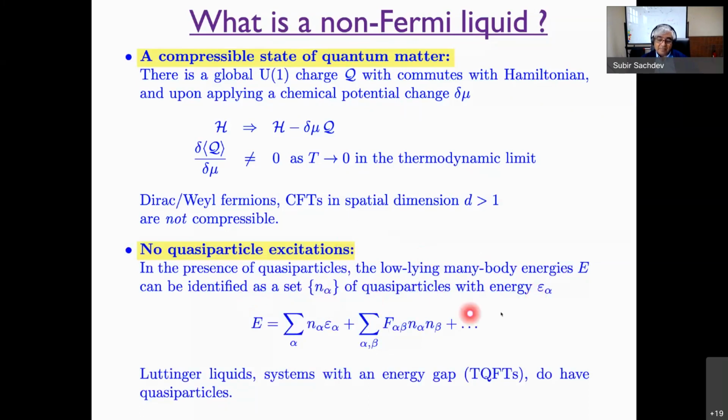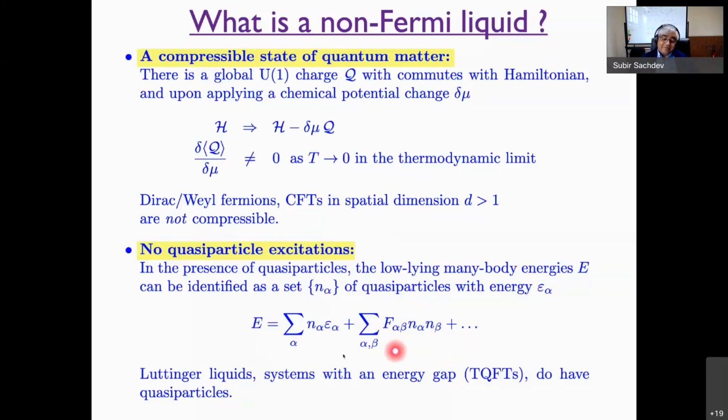So you have some quasi-particles of energy E alpha, N alpha 0 or 1, and you can write down all the interesting low-lying many-body states and view them as a set of quasi-particles. The energy could depend on the interaction between the quasi-particles, but still it's labeled by the quasi-particles themselves.